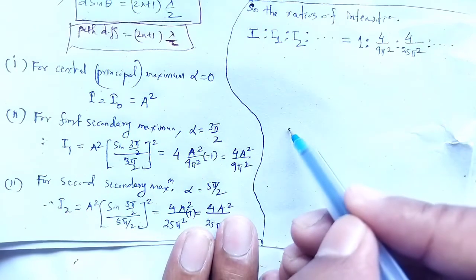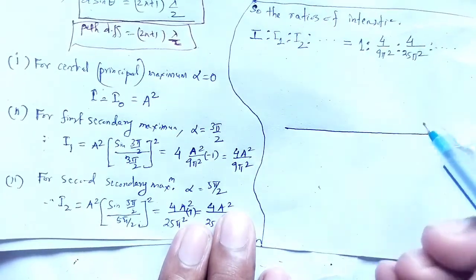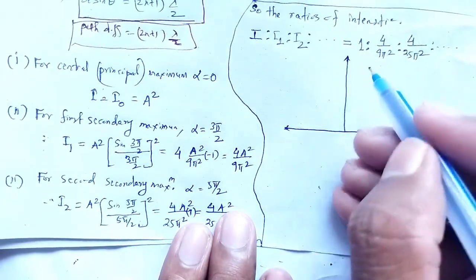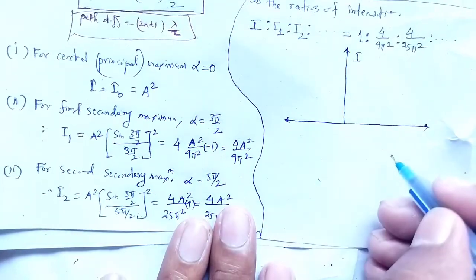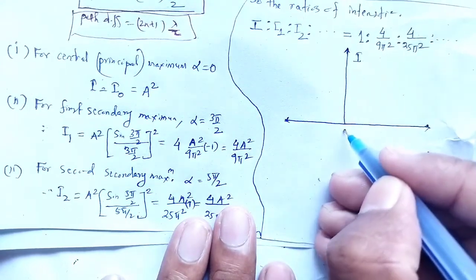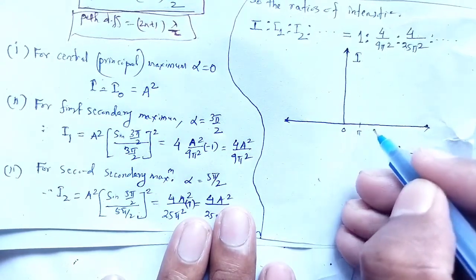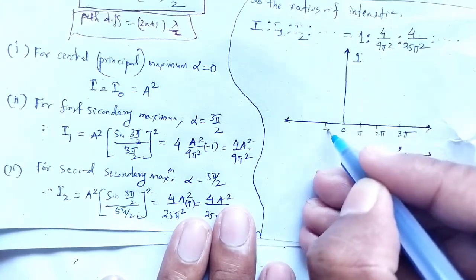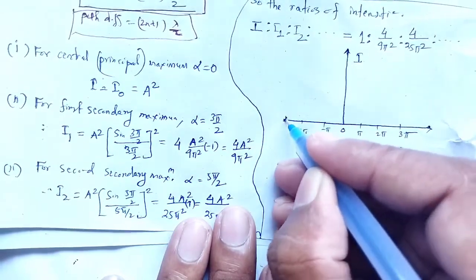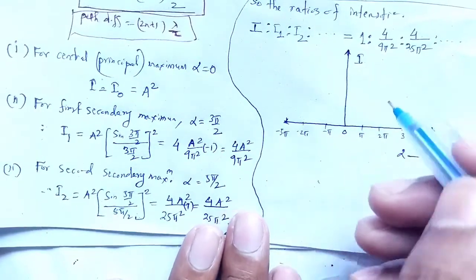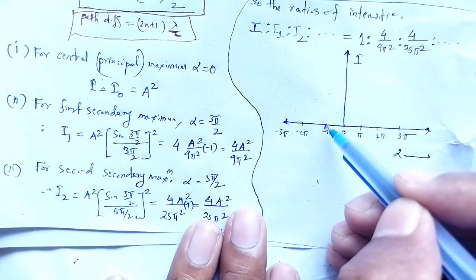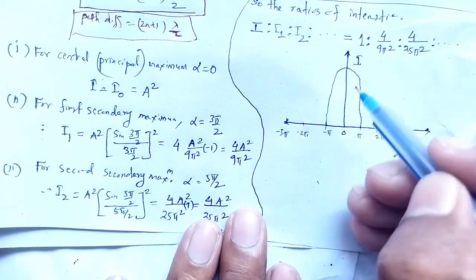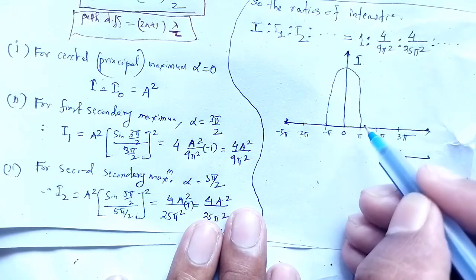When we plot the graph between the intensities and alpha, like 0, plus pi, 2 pi, 3 pi, minus pi, minus 2 pi, minus 3 pi and so on, the maximum intensity we obtain here is the central maximum.